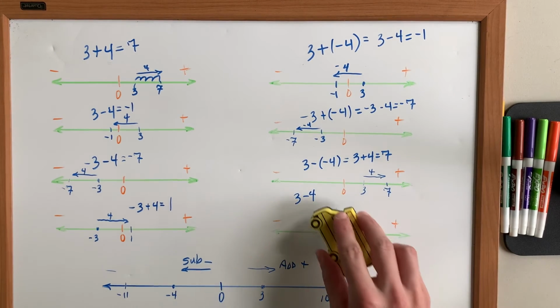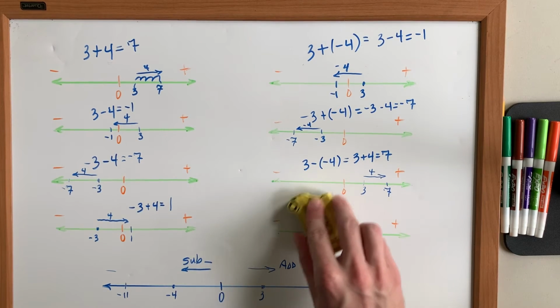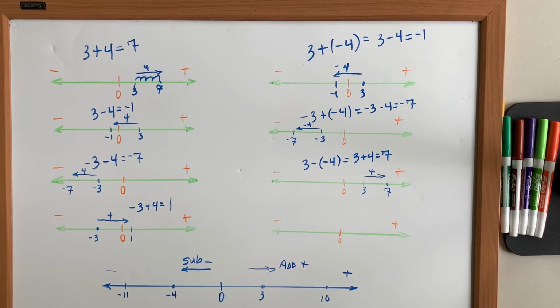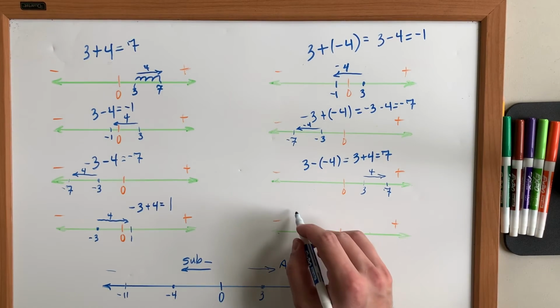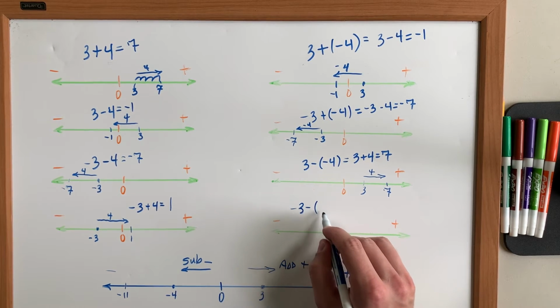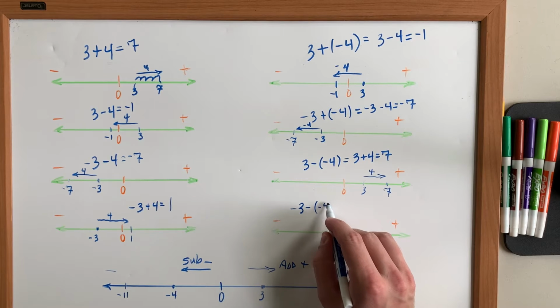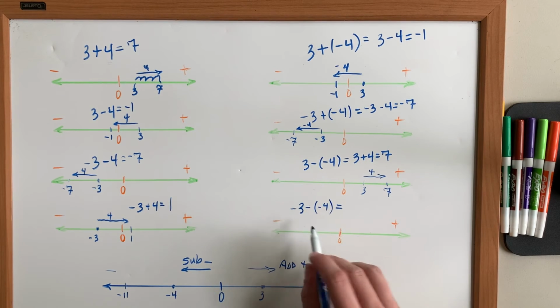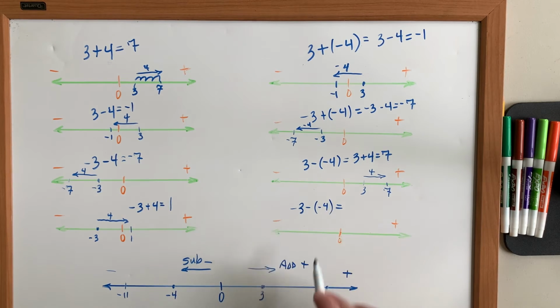For the final example, I'm going to move this out of the way here so we have some space. We are going to do the same problem, but we're going to put that negative 3 out there. So we now have negative 3 minus, or take away, the opposite of 4. Okay? We're going to follow the same pattern. We're starting with -3, which means we're back here. This is where we start.